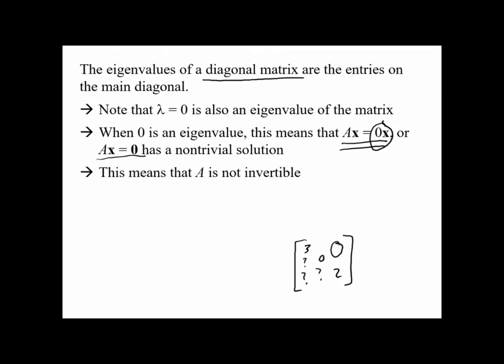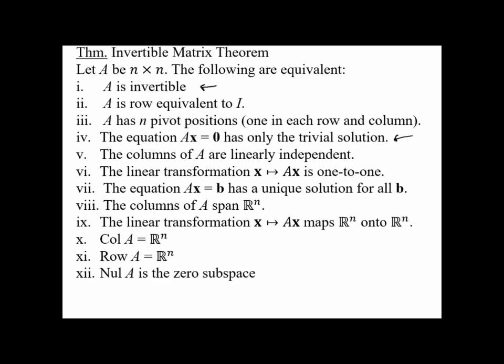If this has a non-trivial solution, that means that lambda equals 0 is an eigenvalue. So if this has only the trivial solution, that means that the number 0 is not an eigenvalue. We can add this to the list. So, one more time. If A is invertible, 0 is not an eigenvalue.